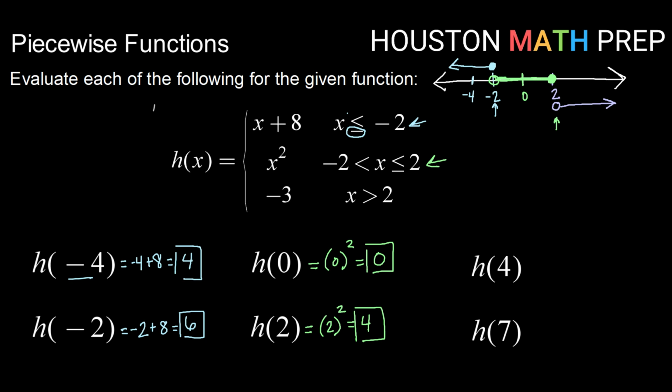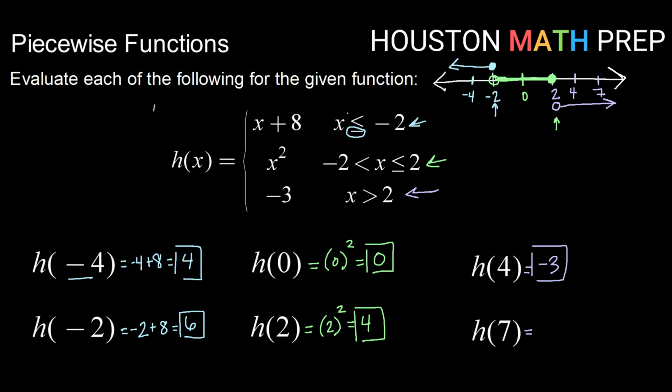Next, h of 4. 4 falls about here on my number line. So that is greater than 2. That is being defined by my third piece in my piecewise function. There are no inputs to replace with 4, so my y value is simply -3. For h of 7, 7 would fall about here on my number line.